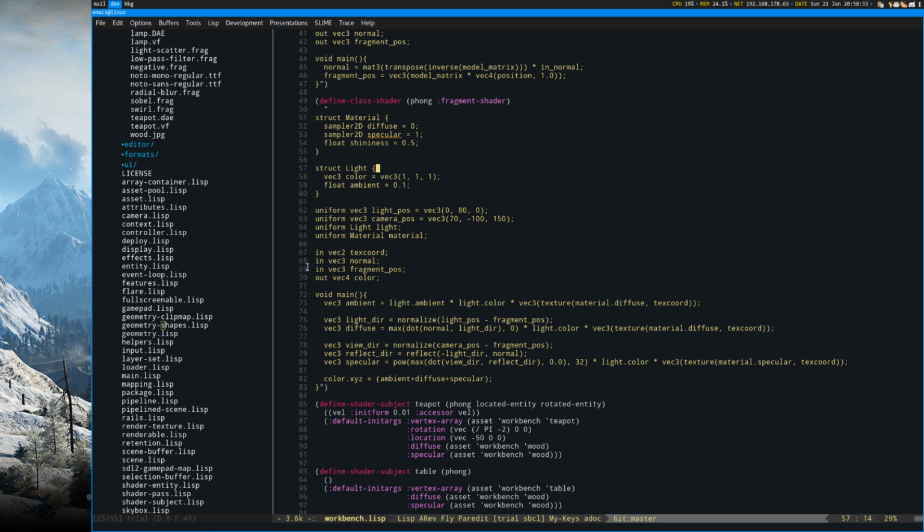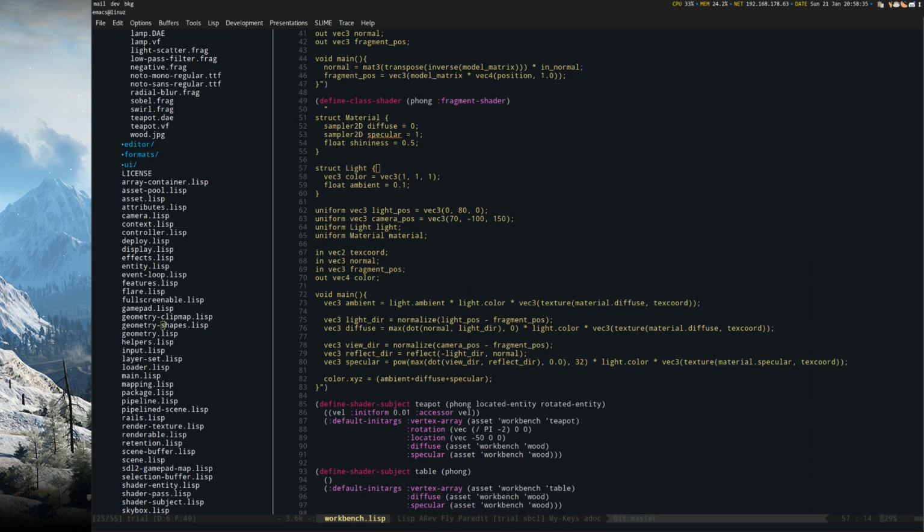Let me check the GLSL spec real quick. Structures. Yeah, you can't have any.